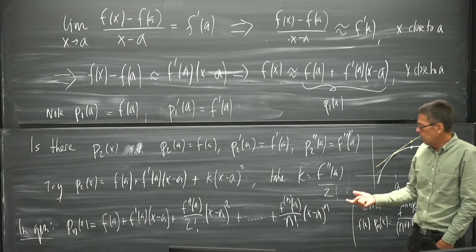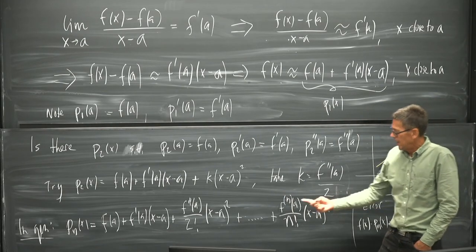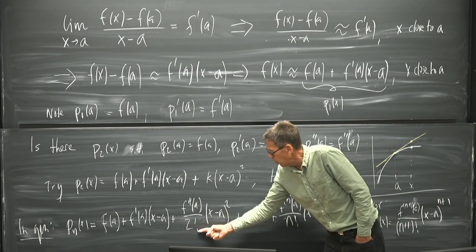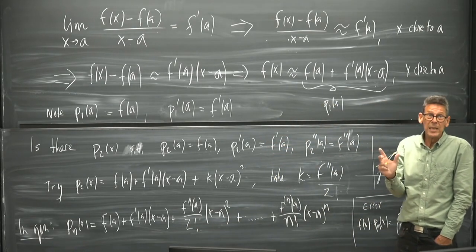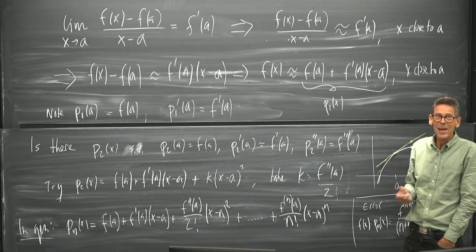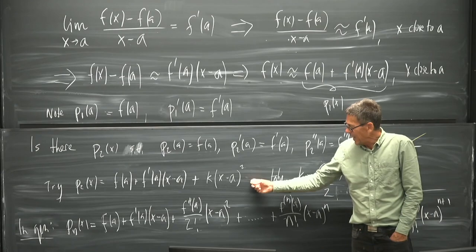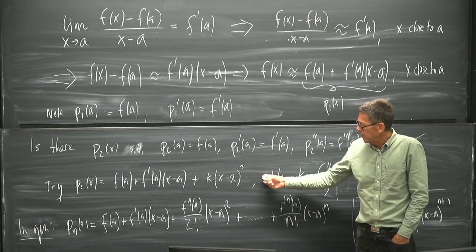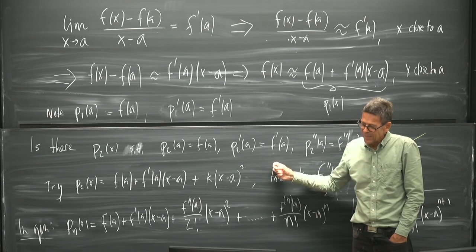Just one note about these factorials. Here we divided by 2, and here there's a 2 factorial, which means 2 times 1, and it's equal to 2, so it doesn't really matter in that case. But if we continue and have a third degree term here, then if you differentiate that, in the first step you get a 3, second step you get a 2.